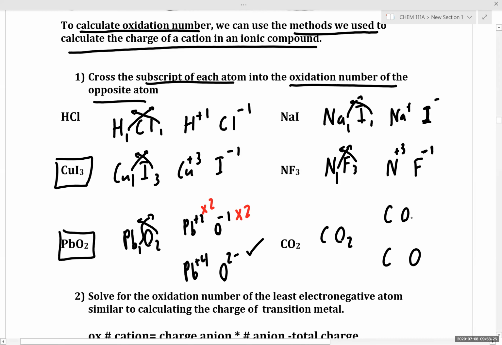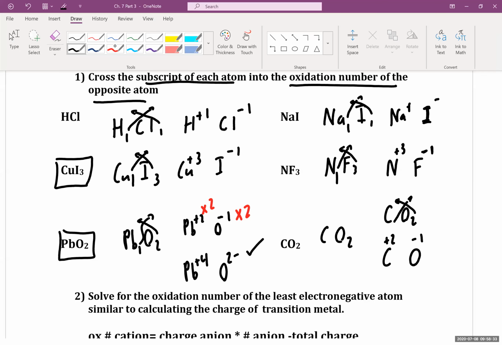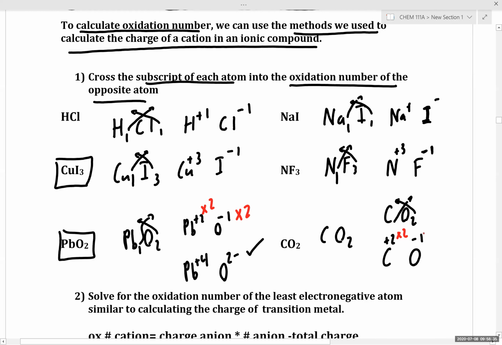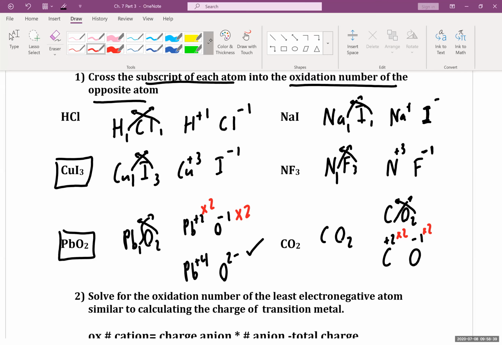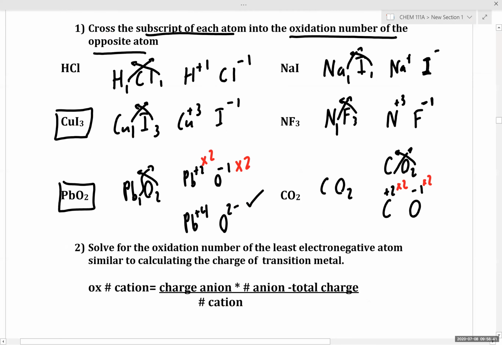So just to showcase the logic behind that, we reverse cross our charges. That gives us carbon +2, oxygen -1. Oxygen prefers an oxidation number of -2, so we multiply both of our oxidation numbers by 2. That gives us carbon +4 and oxygen -2.